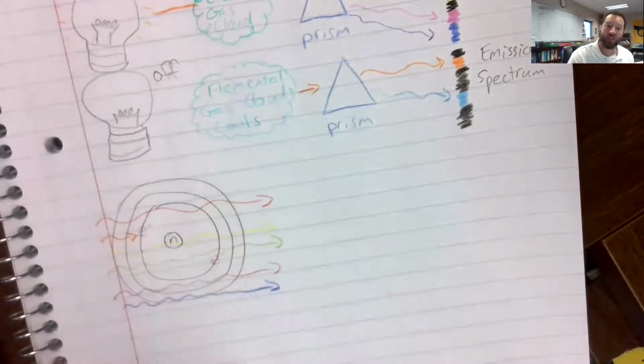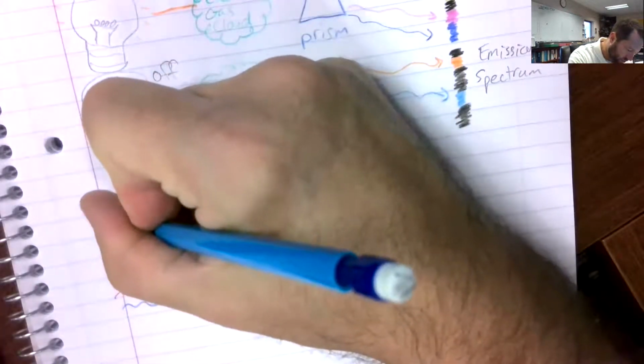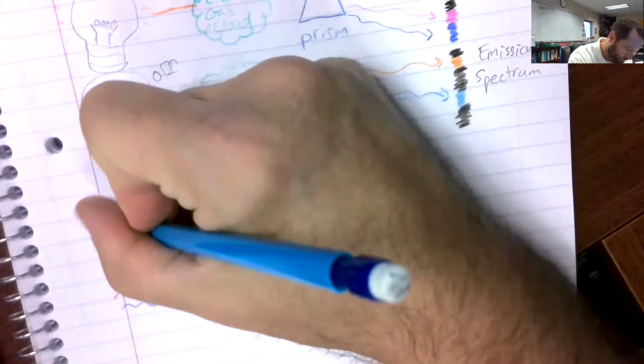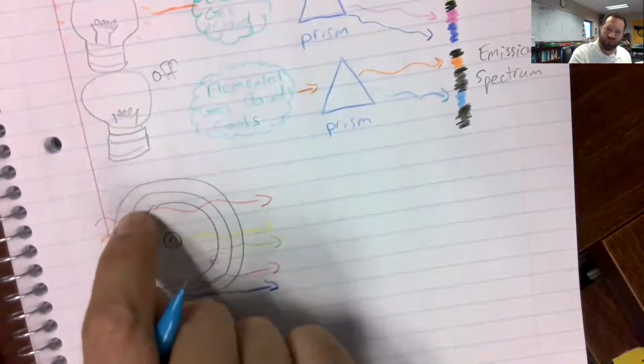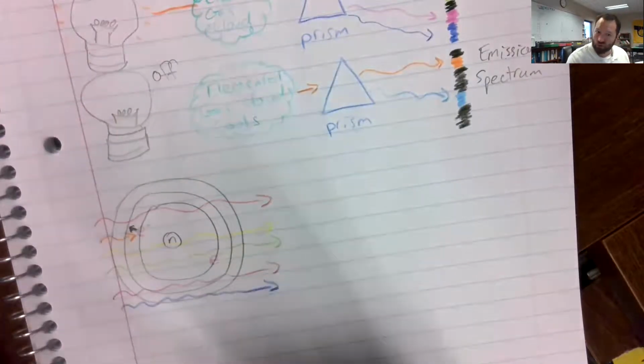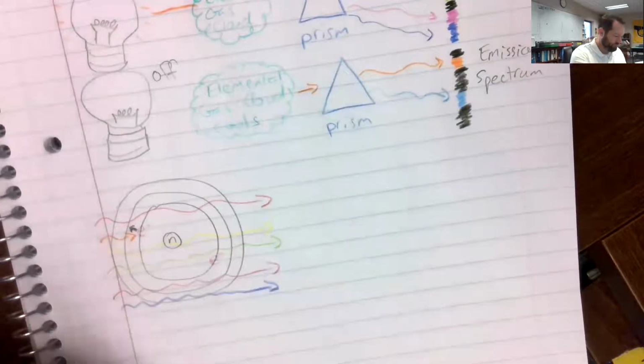So that orange light had the exact amount of energy needed for that electron to jump up to the next energy level. The electron absorbs that energy and jumps up from first to the second energy level. And again, why was it only the orange light? Because that's the exact amount of energy between these two energy levels.